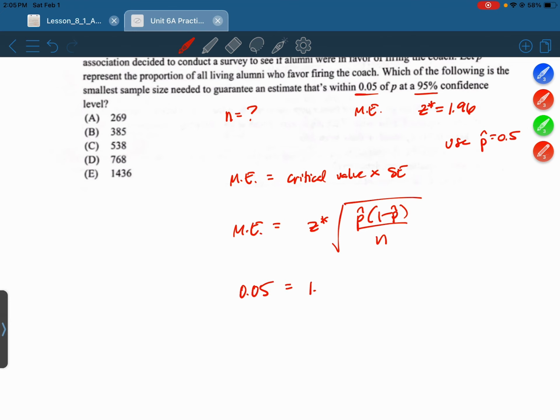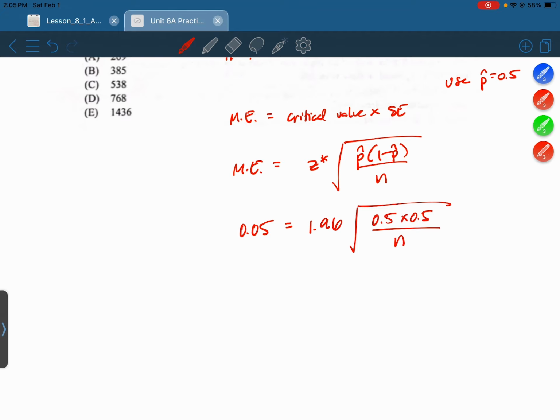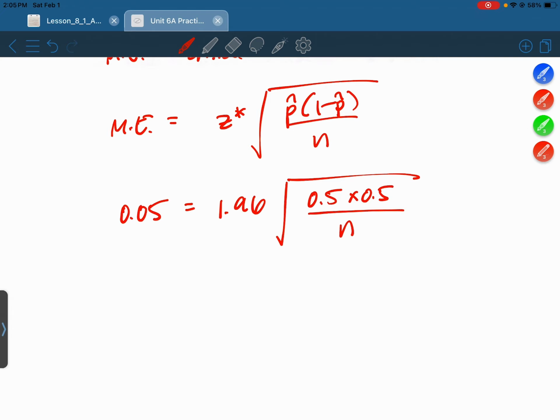0.05 equals 1.96 times the square root of 0.5 times 0.5 over n. There are a lot of different ways that you can solve this. I think probably one of the quickest methods is to, number one, separate this square root into two, so instead of one root over the whole fraction, you have a root in the numerator and in the denominator.